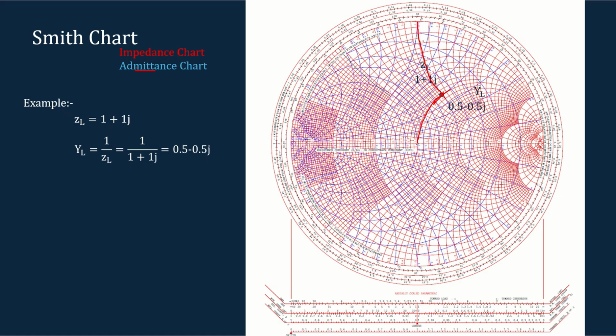So I have to draw this constant conductance circle, and its value is 0.5 here. And this blue line is my susceptance now. So this will be corresponding to 0.5 here.